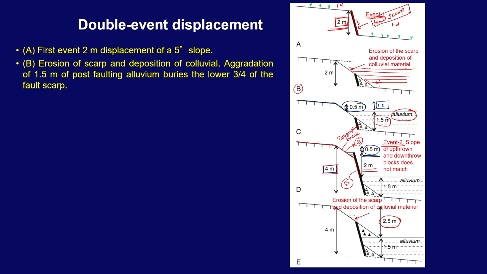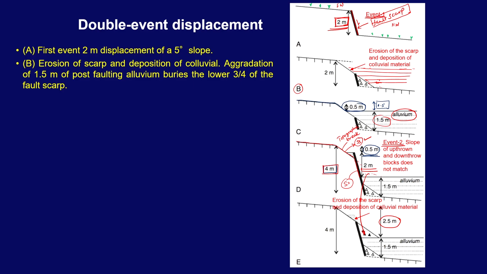Now, in this case, the slope is a single slope you see, because the erosion will start from the S1 slope. Because the S2 slope is the fault scarp, that will degrade, and then this will start. So, the deposition will take place somewhere over here. So, the colluvium which has been shown here is deposited over here. So, this is the basic idea.